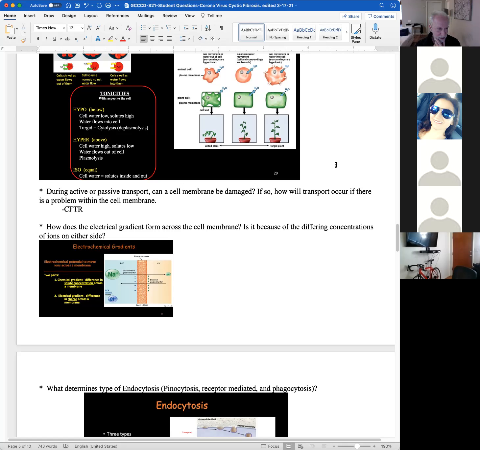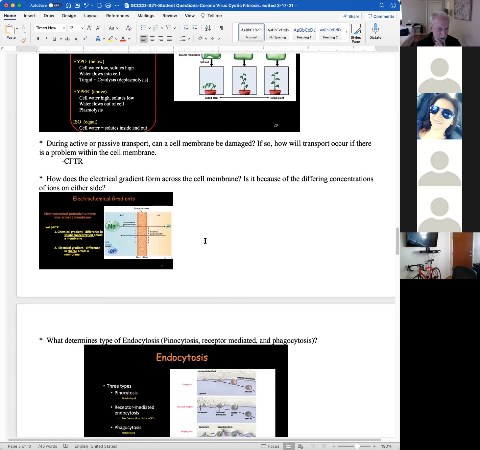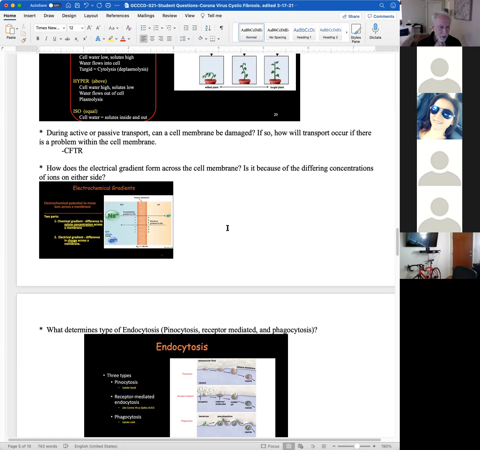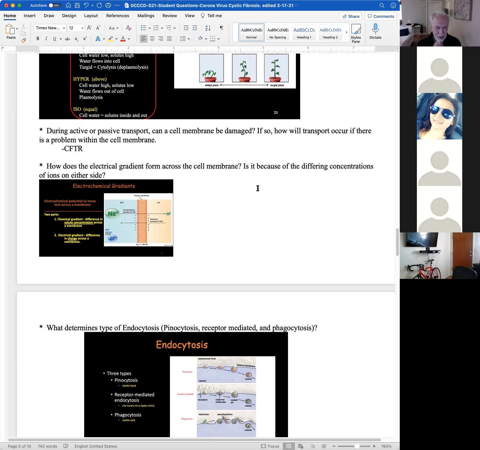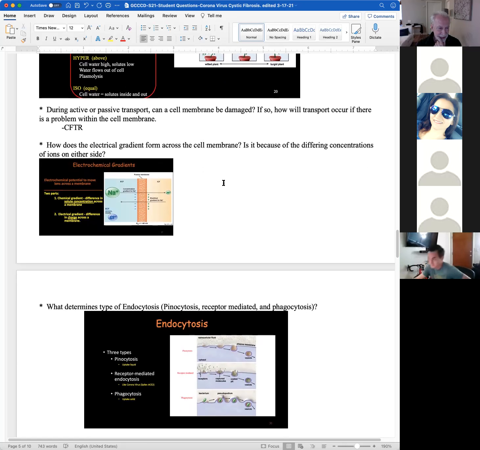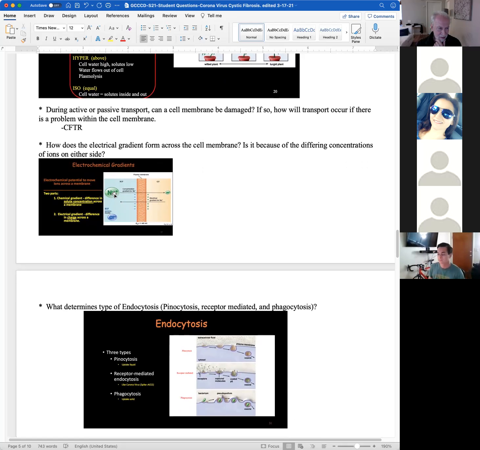Okay, there was a question, go down to the next illustration. There was a question about whether an electrical gradient forms across the cell membrane, and the questioner said, is it because of the differing concentrations of ions on either side? I think the answer to that is yes. If you look at the illustration, you can see that the concentration of sodium is much higher on the left side than on the right.